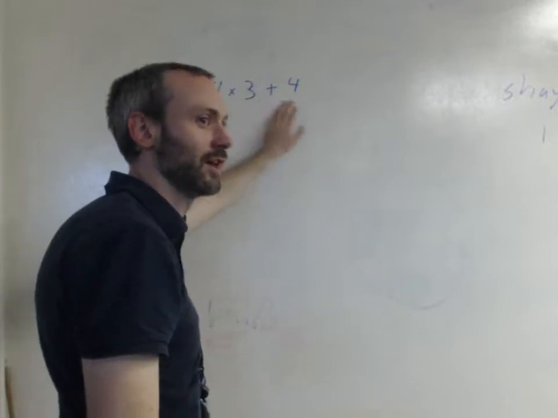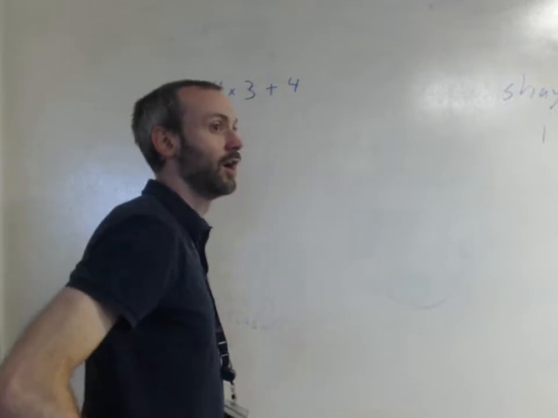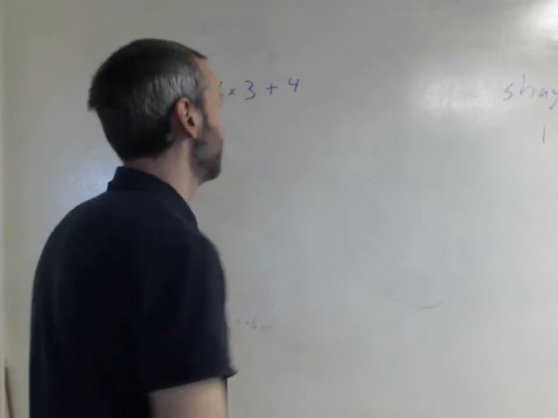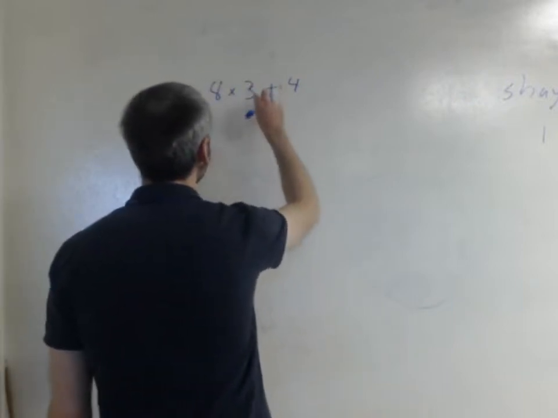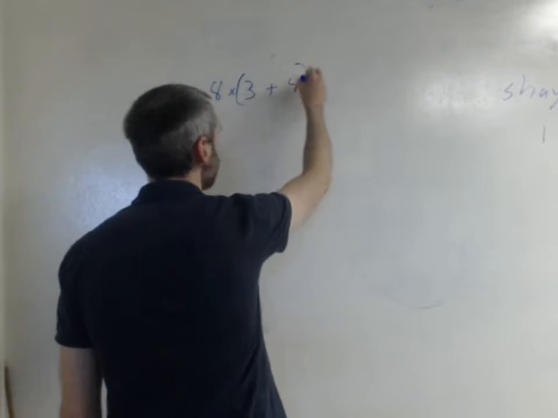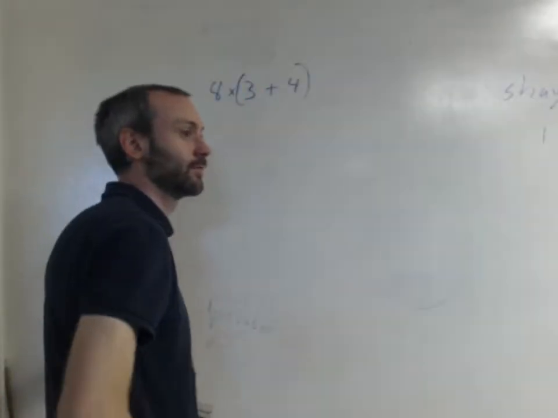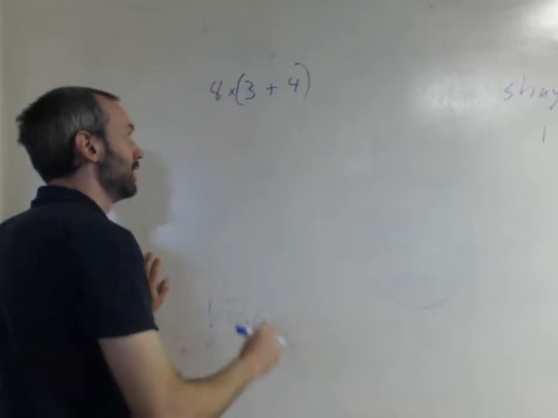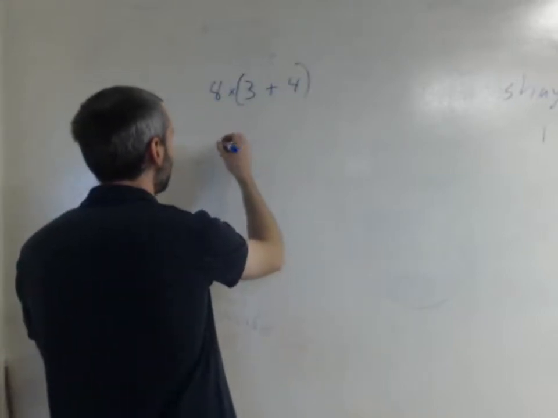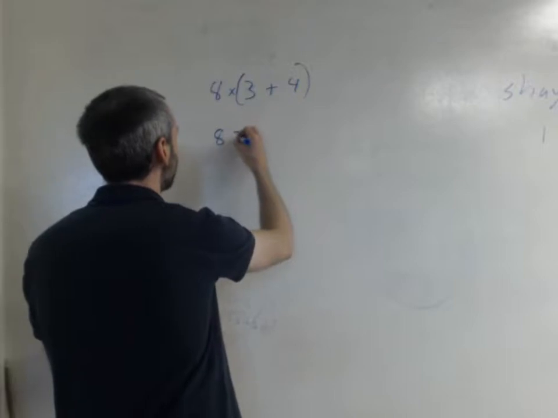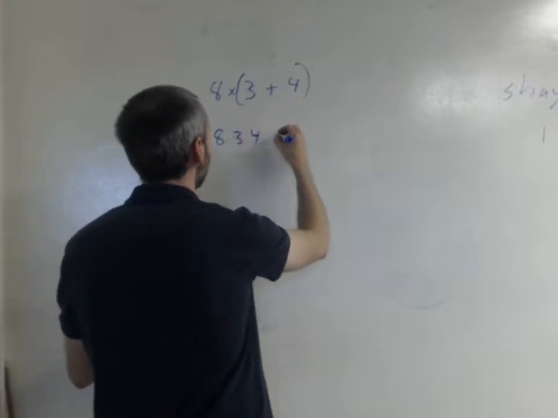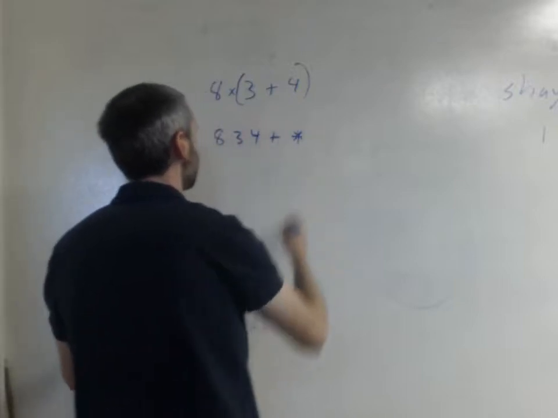So multiplication happens first. But if you wanted to do the addition first, you'd have to use parentheses, correct? Yes. But in order to do this in reverse Polish notation, you just do 8, 3, 4, plus, multiplication.